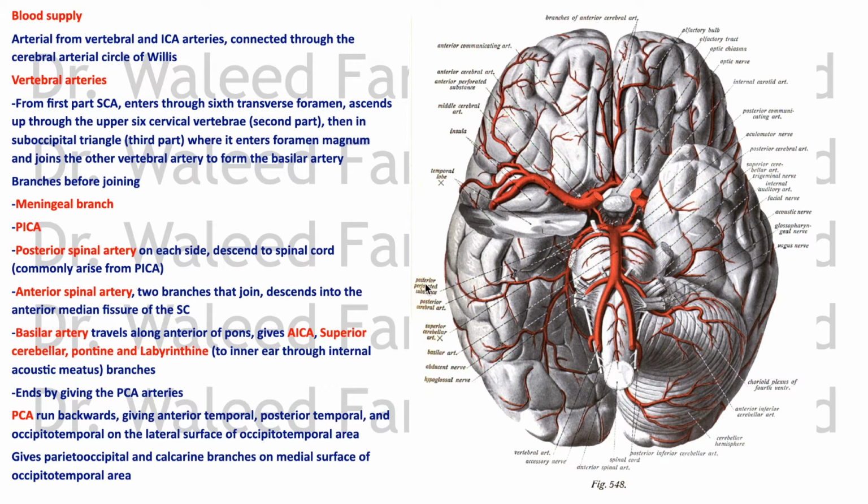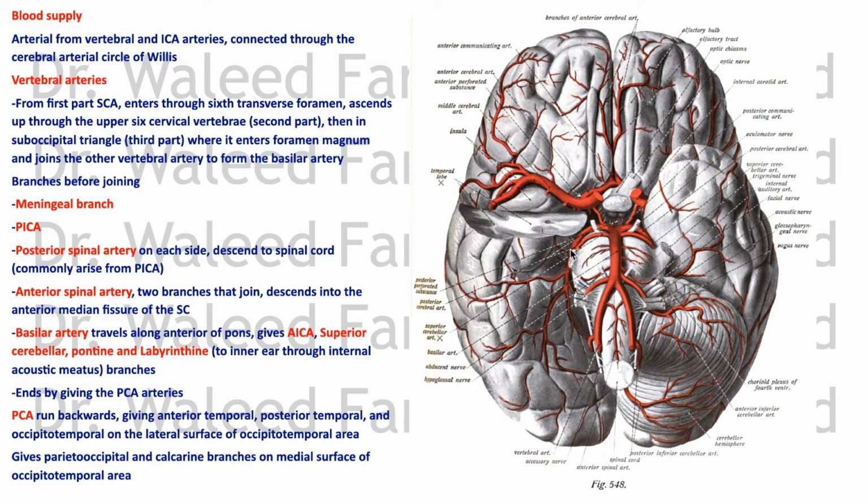There are two systems to supply the brain and the brainstem: the vertebro-basilar system and the carotid system. This is the carotid, internal carotid artery, and the vertebral artery. Now, if we start with the vertebral artery, remember it comes out from the first part of the subclavian and enters the transverse foramen of C6. Remember that, 6.